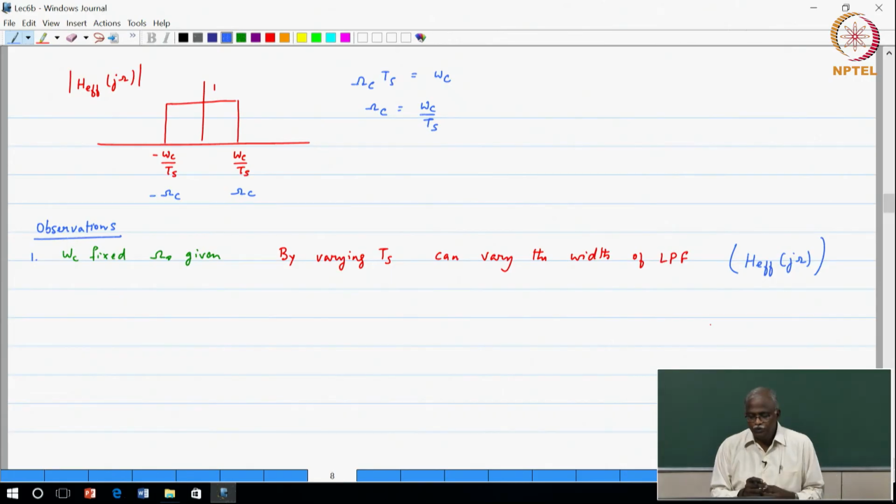Then what you would do is go into the discrete time domain, and the only thing you would need to choose is Ts. If you want it very narrow, you would choose a large value of Ts, which basically means a lower sampling rate. If you go the other direction and choose a small value of Ts, you allow more of the signal to pass through.